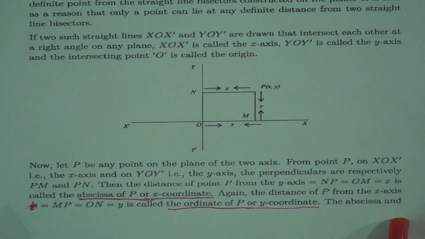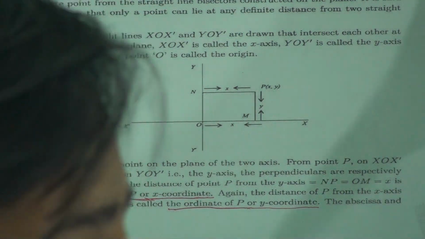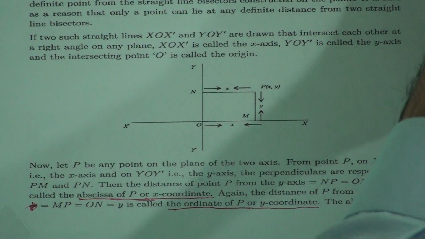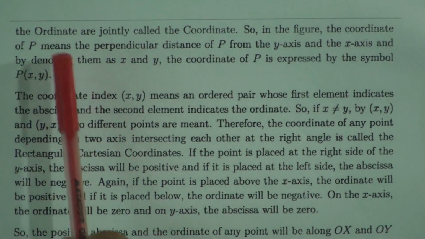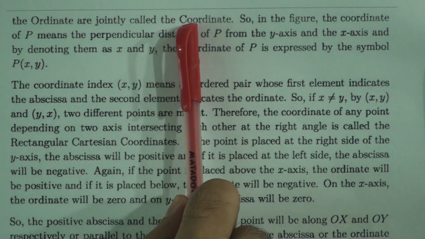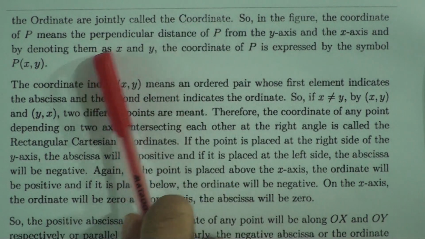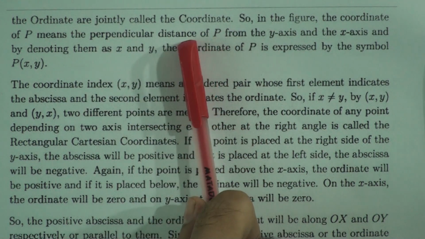The abscissa and the ordinate are jointly called the coordinate. So if we jointly say the abscissa and the ordinate of a point, that is known as the coordinate of that point.